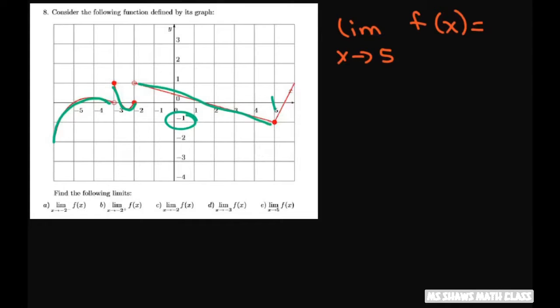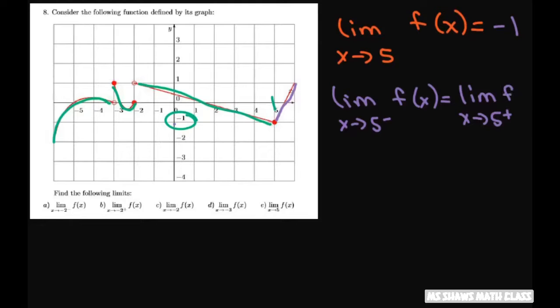If you come from the right, we're still at -1. So the left-hand side limit of f of x equals the right-hand side limit, and that equals -1. And also we know that f of 5 equals -1.